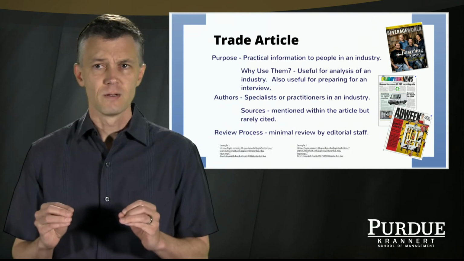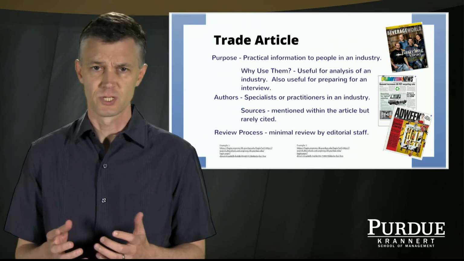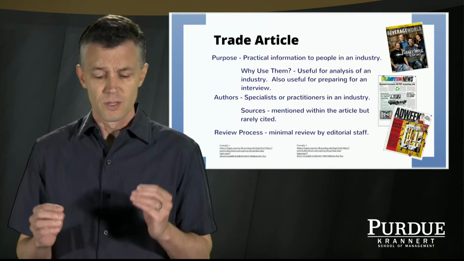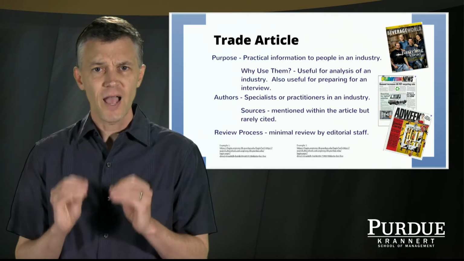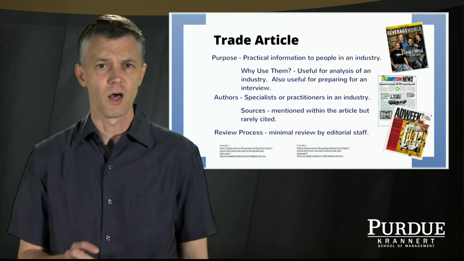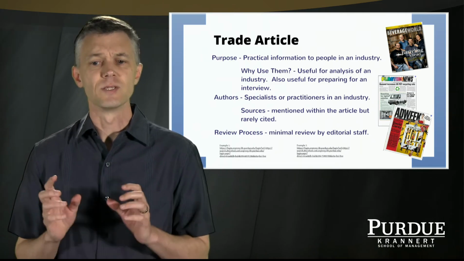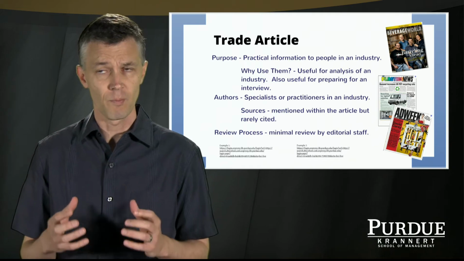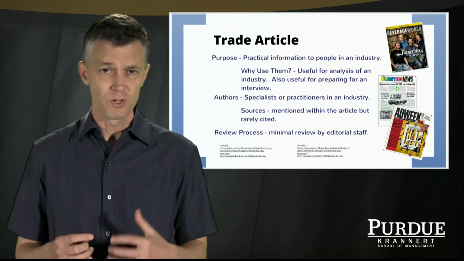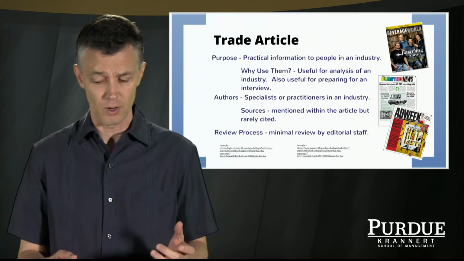It's not very rigorous as far as research is concerned. The important thing here is whether it presents the factual information that the author found, and whether it does so in a timely manner. These are going to be much more timely when you compare them to the scholarly peer-reviewed article.